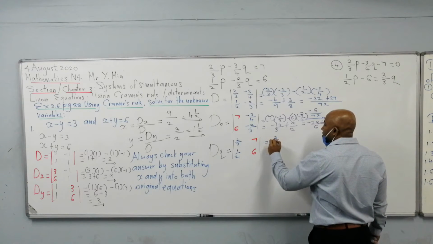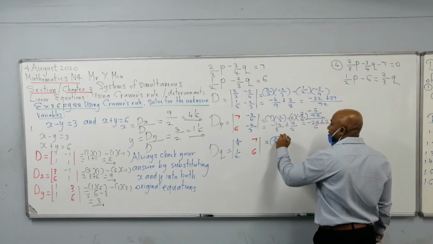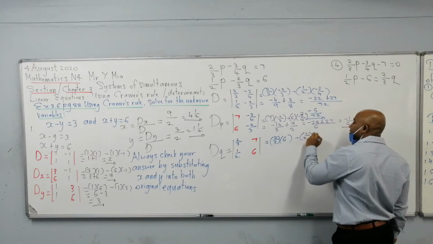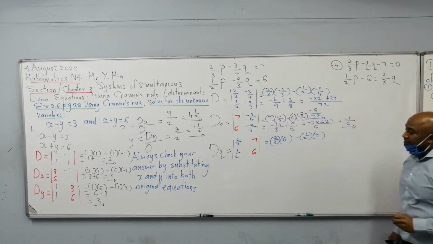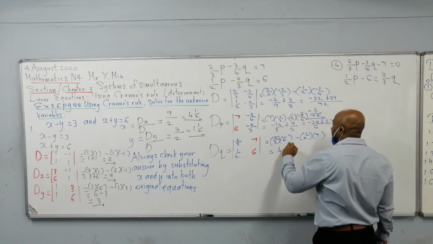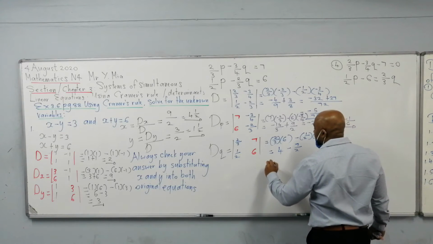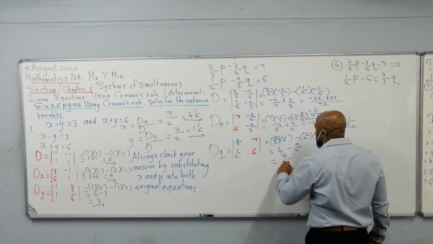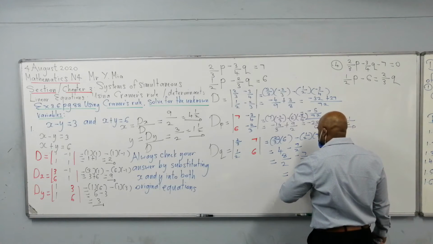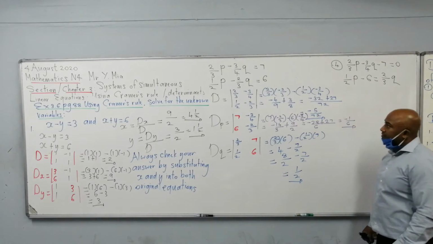So that's going to be 2 over 3 times 6 minus 1 over 2 times 7. So we get 4 minus 7 over 2, which is the same as 8 over 2 minus 7 over 2, which is the same as half.